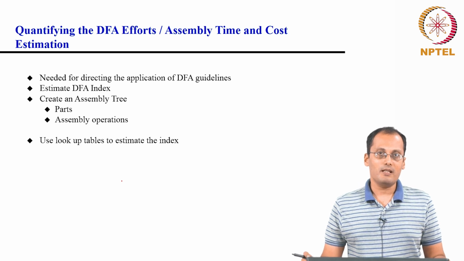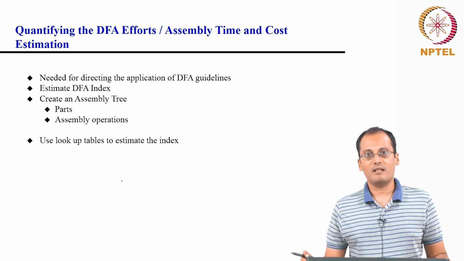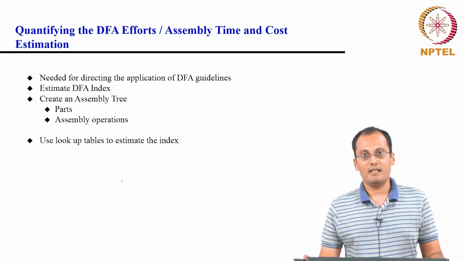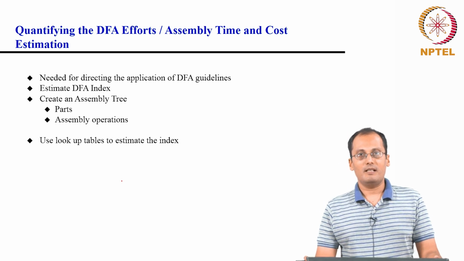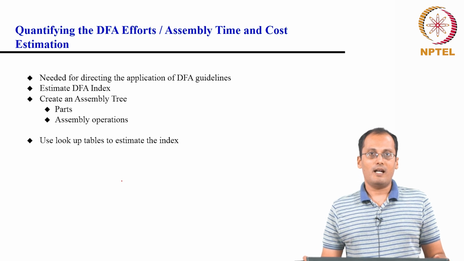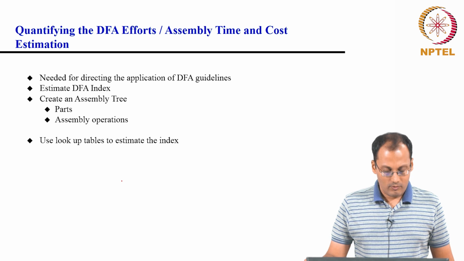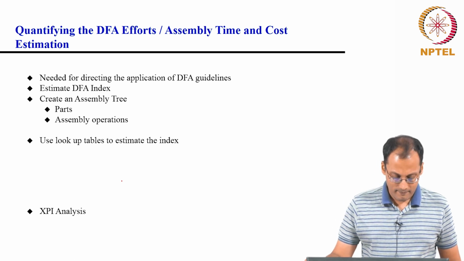So, these operations are repeated and a statistical measure is obtained as an estimate of the assembly time. So, these numbers are tabulated and these help us in arriving at the estimated assembly time. So, lookup tables are created based on such studies.